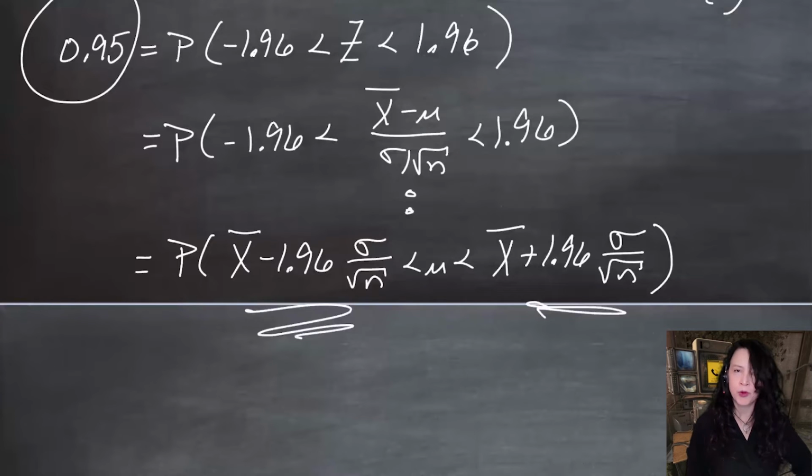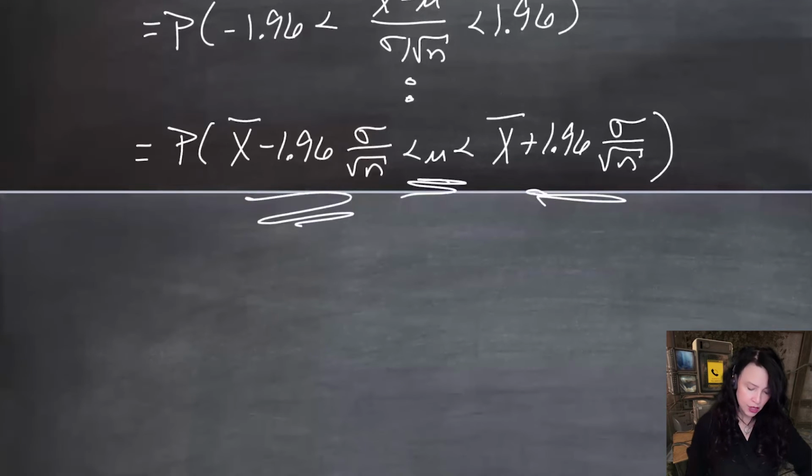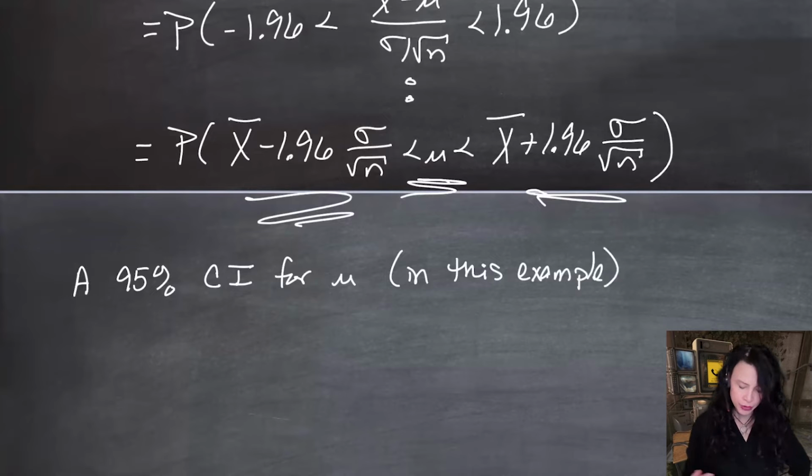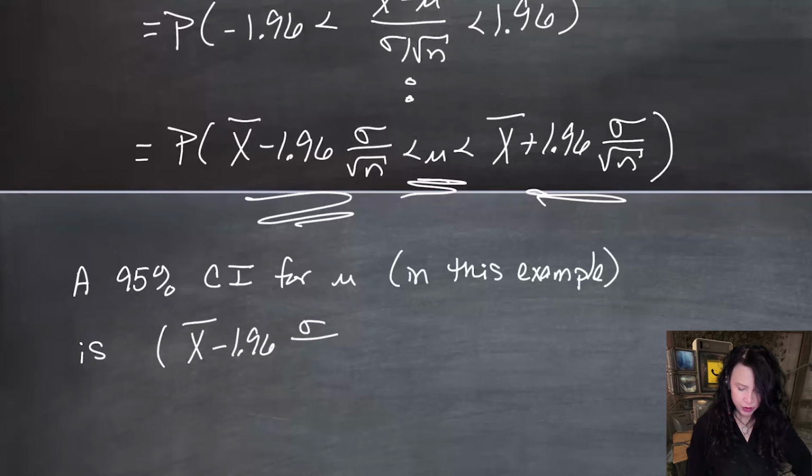Here are two random quantities that capture mu between them with the designated probability. So a 95% confidence interval, I'm going to abbreviate already, for mu in this example, for the case where you're working with a normal distribution and sigma squared is known, is given by X bar minus 1.96 sigma over the square root of n to X bar plus 1.96 sigma over the square root of n.